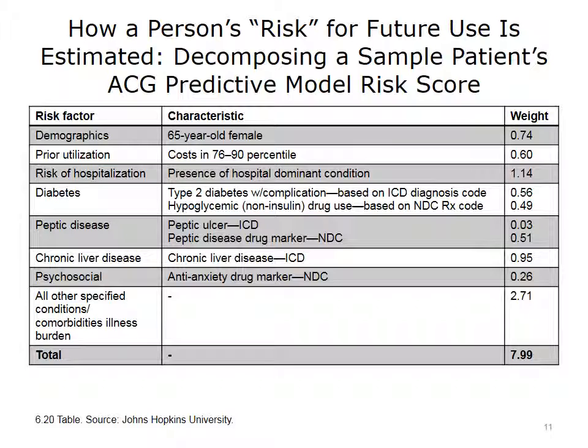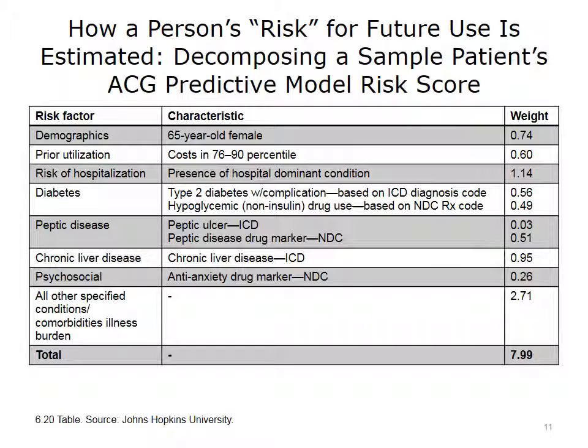She also had a peptic ulcer disease with some medication, a chronic liver disease, a psychosocial condition, and some other conditions. Each of these add an extra score. You'll see, by the way, that other conditions not specified as specific diseases are also added. This extra weight of 2.71 is significant. This model suggests that this individual will have a predictive risk score of 7.99.